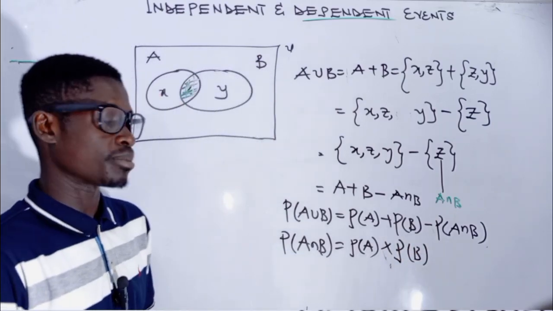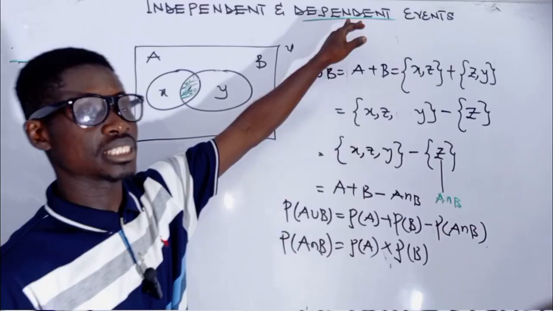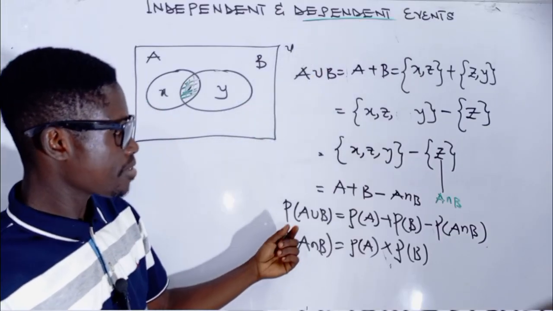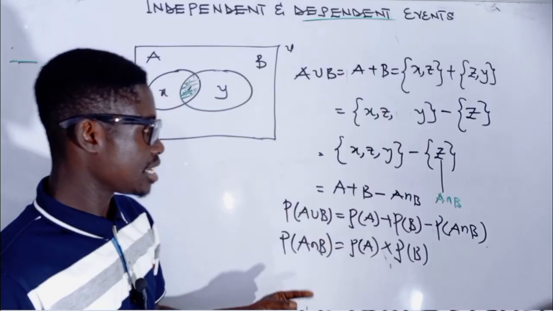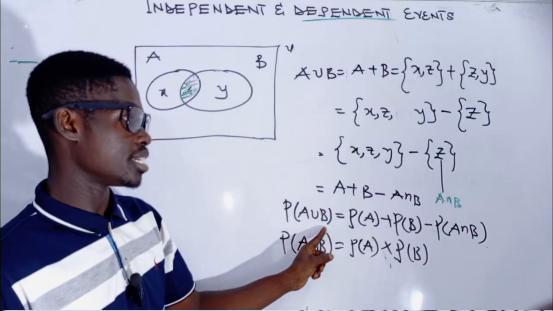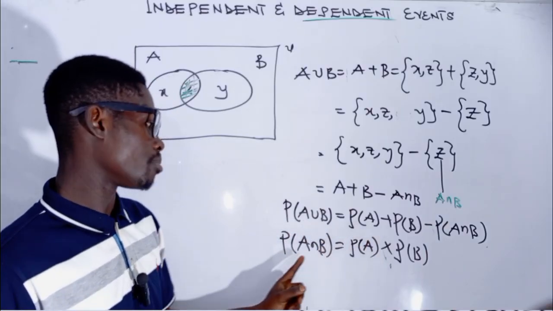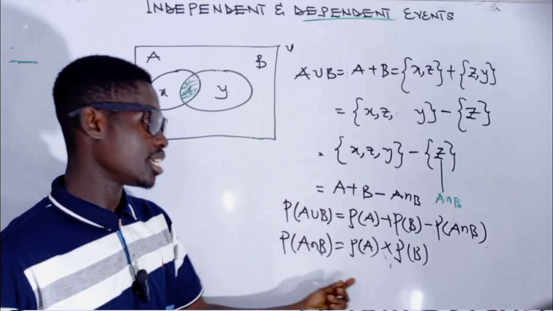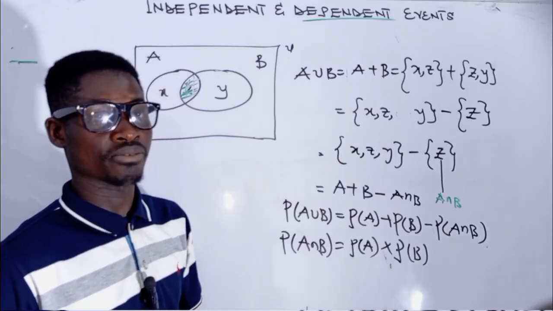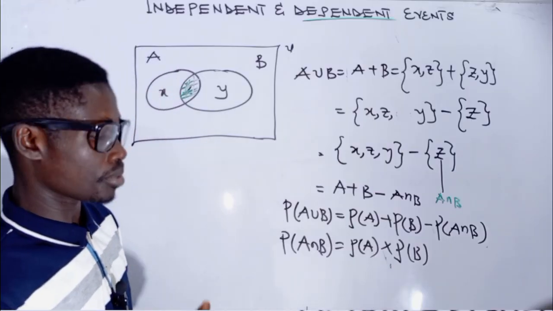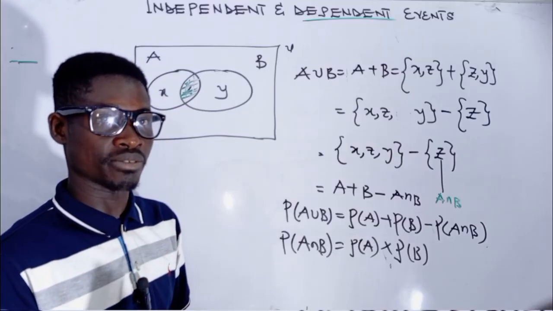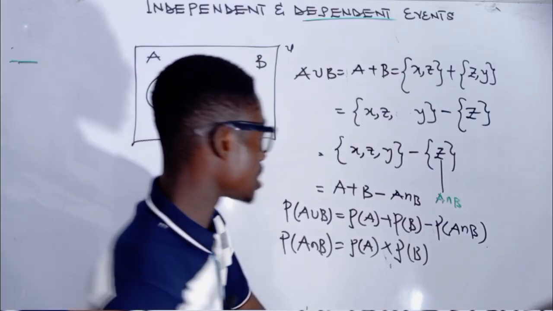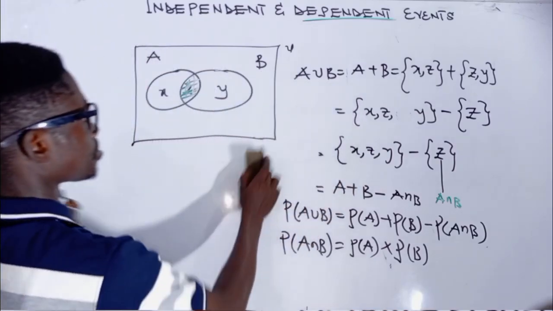So if A and B are two dependent events, then the probability of A union B is given as this, and the probability of A intersection B is given as that. Very easy and simple. Let's look at some examples on independent and dependent events, and then we say bye-bye to this topic.